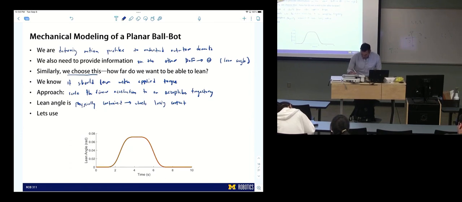Let's use approximately 4 degrees. That's about all we have to work with. If it leans more than about 4 degrees, it can't really recover. So we want this lean angle about 4 degrees as an acceptable value. That's 0.07 radians.